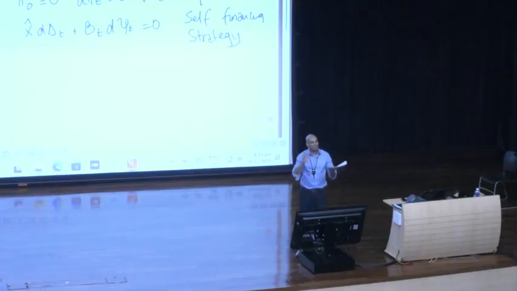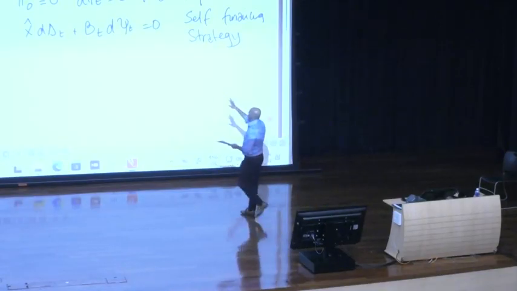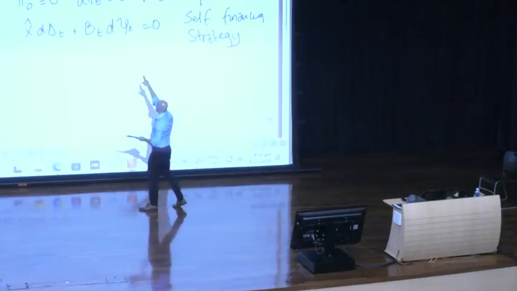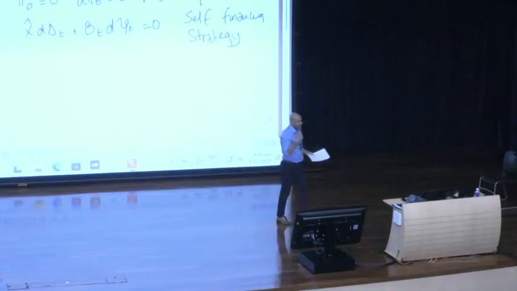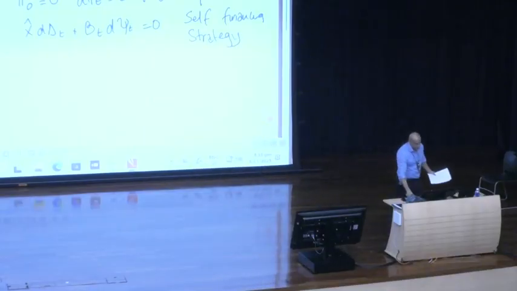You can't control it, right? That's the point of randomness. But if you eliminate the randomness, you have a chance of ensuring d pi equals 0. Okay, so how do you eliminate the randomness? That's delta hedging. Right, so you call this dV plus delta dx hat.